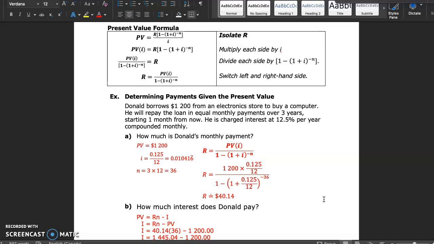Next, in section 7.2, we looked at the present value formula. The present value is how much needs to be invested today to be able to receive regular withdrawals. In contrast, I like to think of the 7.1 amount of an annuity formula as making deposits into an account that accumulates interest, starting from a very small amount, and those regular deposits continue to grow and earn interest.